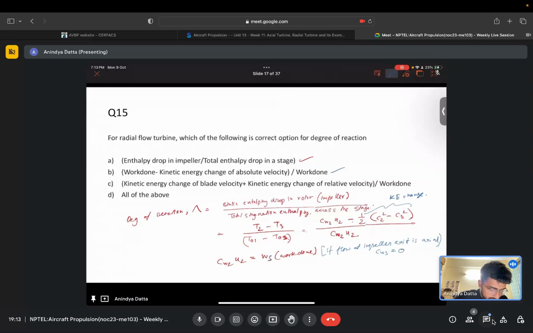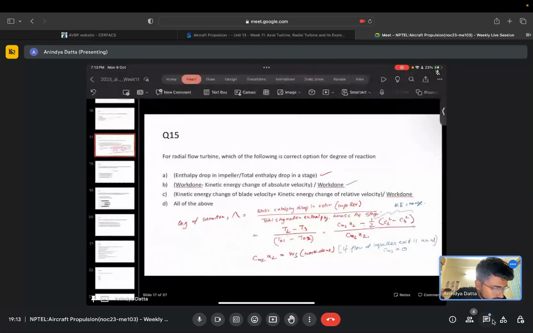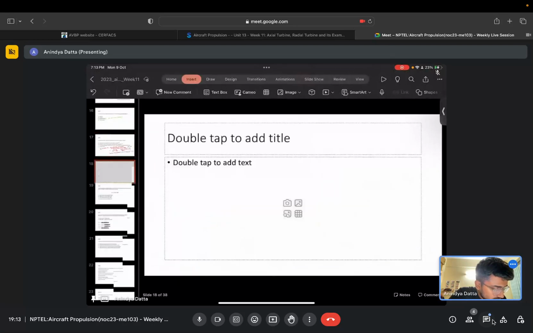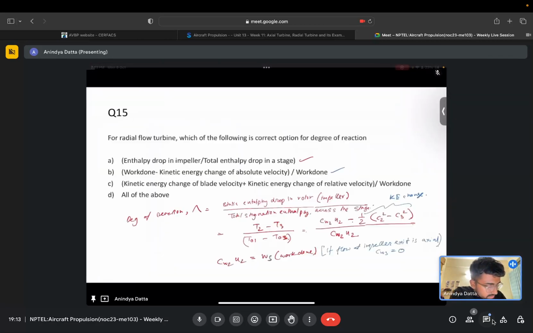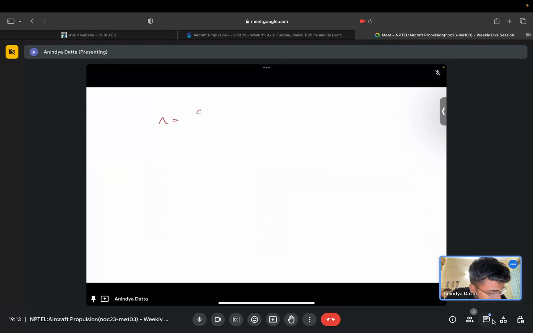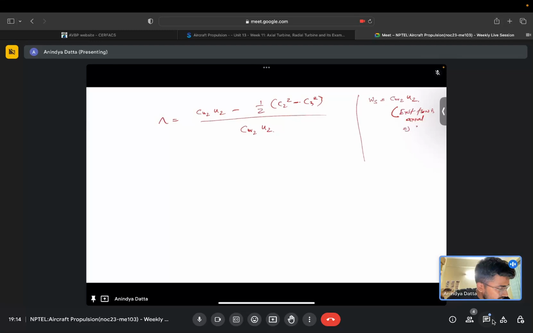Similarly, one more thing you can show. What we have seen is the degree of reaction is equal to CW2U2 minus half C2 square minus C3 square, by CW2U2, where work done is equal to CW2U2 if the exit flow is axial, which implies that CW3 is equal to 0.